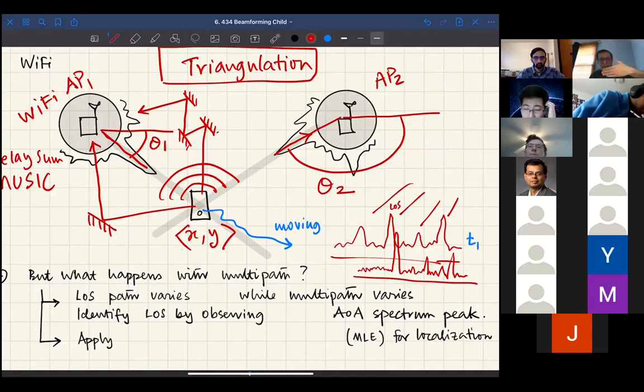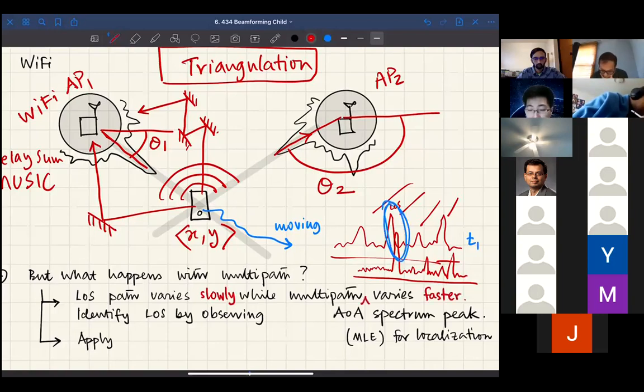So you look at this time sequence, hoping that the user is moving, and from that you pull out the stable AOA, and you use that for triangulation. Okay? So let's write that out. Line of sight path varies slowly, while multipath varies faster.